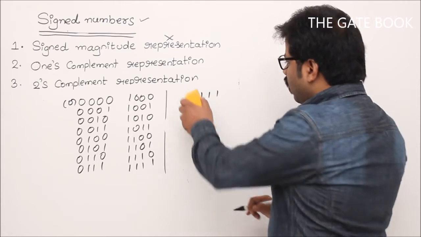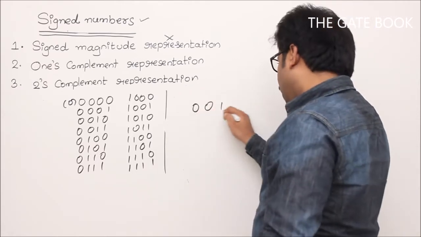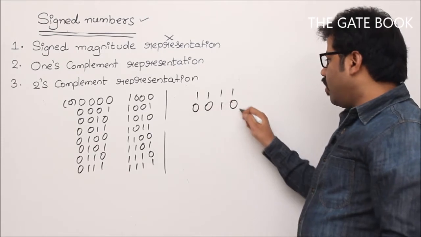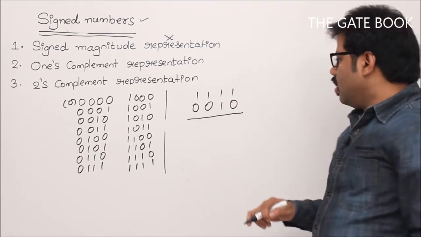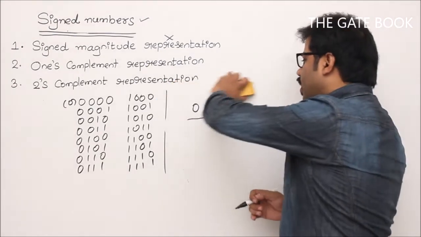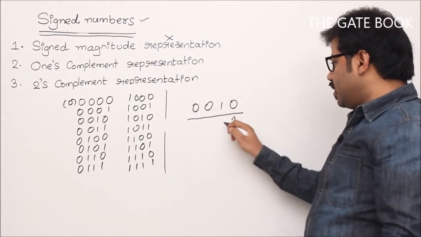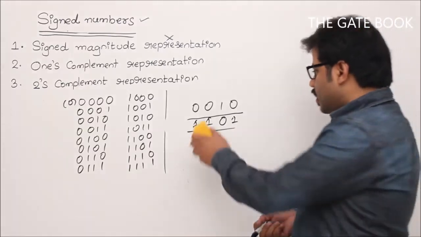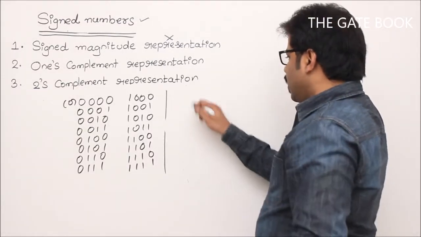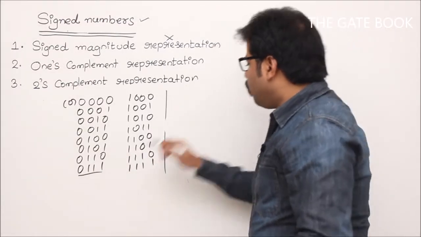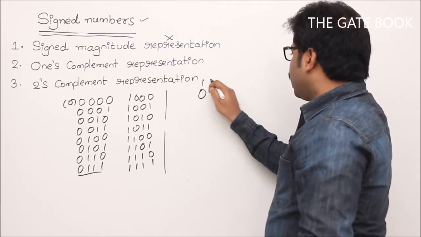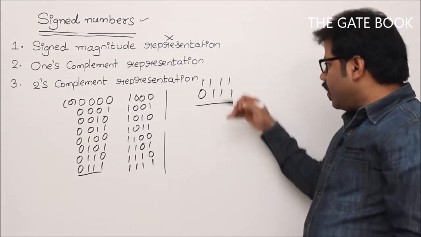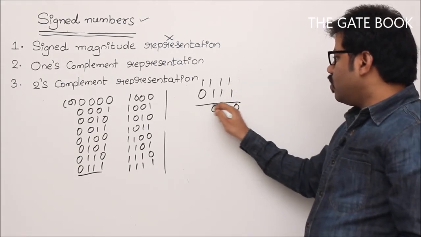I will tell you one shortcut from now onwards. Whenever you have a binary pattern and you would like to know its 1's complement, the formula is subtracting from all 1's. But directly, we can simply do bitwise complementation, and exactly the same thing will happen. That is the observation. For example, 0 1 1: the actual procedure is to subtract from 15. 1 minus 1 is 0, 1 minus 1 is 0, 1 minus 0 is 1.